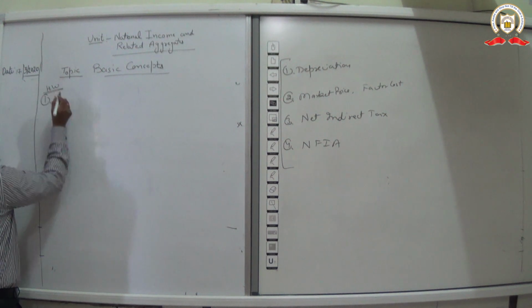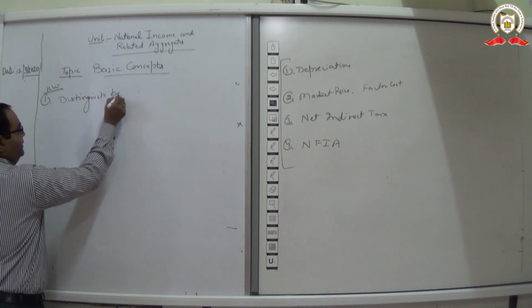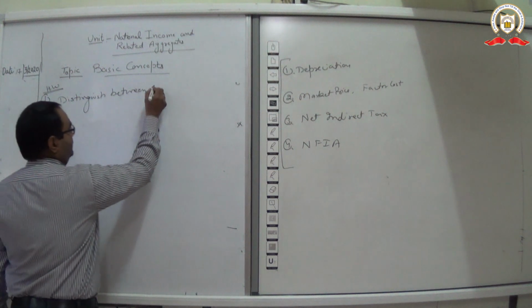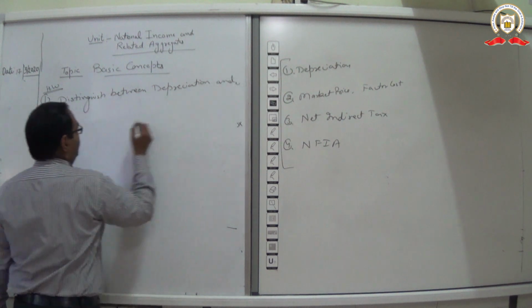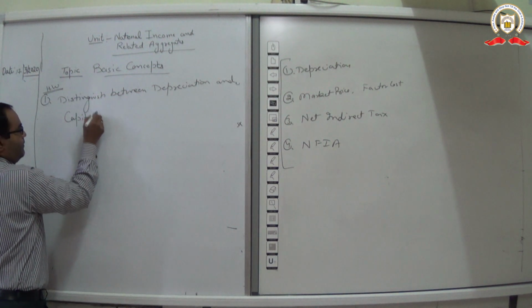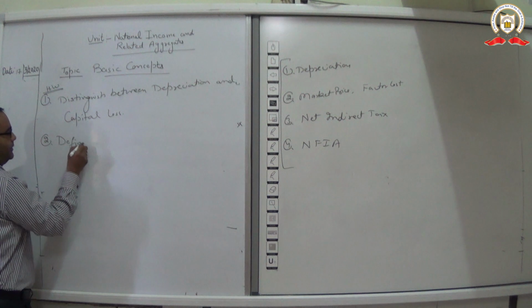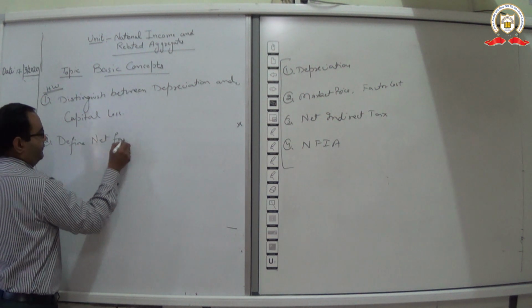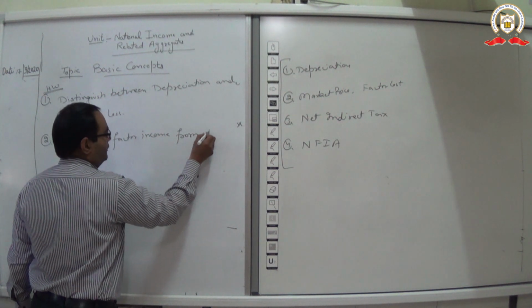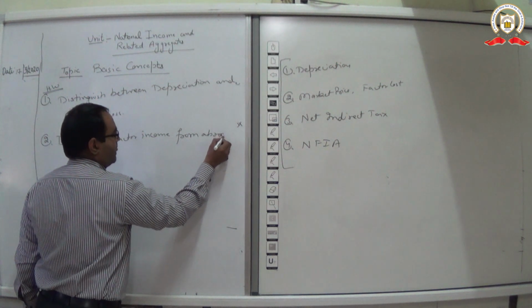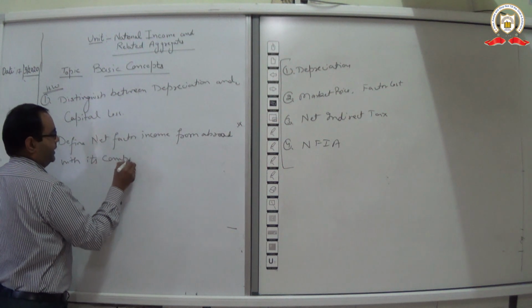Homework. First, distinguish between depreciation and capital loss. Second, define net factor income from abroad with its components.